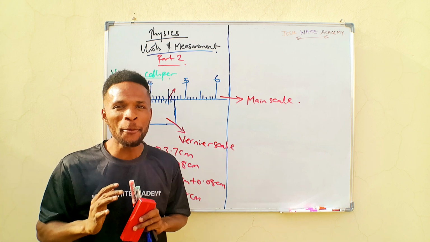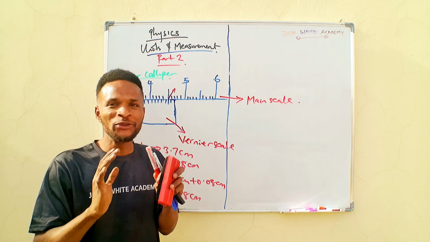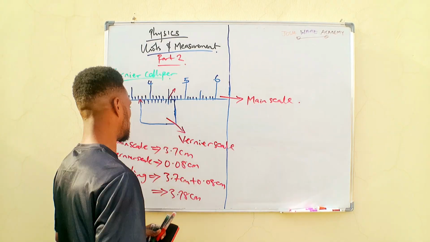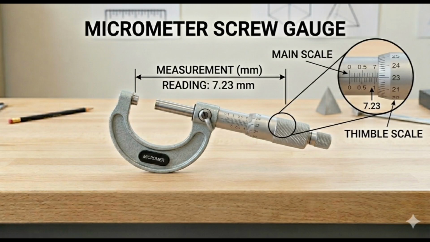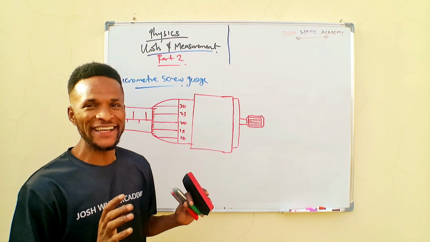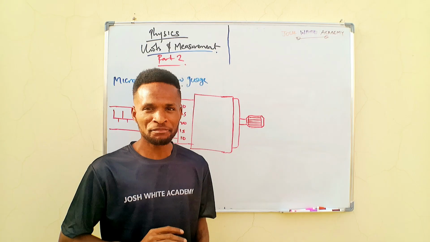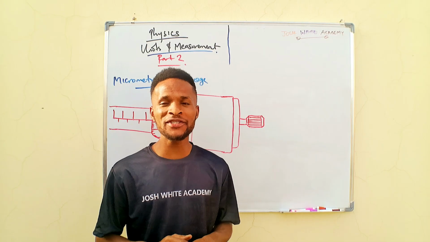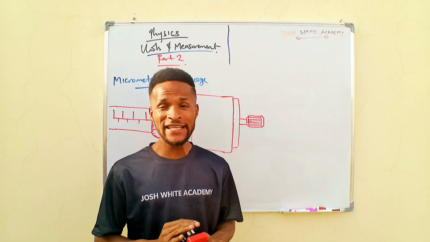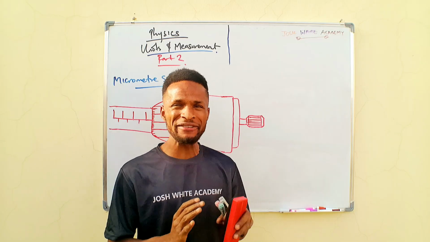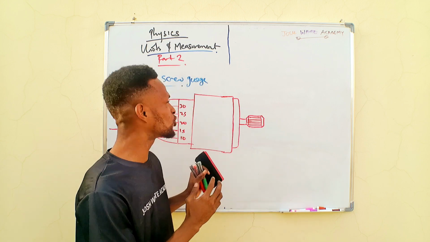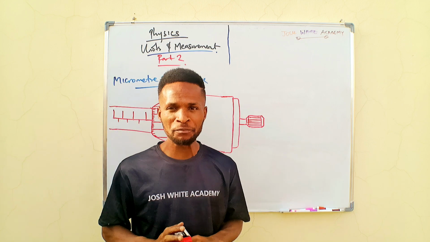Now, let me show you how to take readings on the micrometer screw gauge. As we rightly said before, whenever we desire to measure the thickness of a material where a certain level of accuracy is demanded, where the Vernier caliper can't afford, we opt for this instrument called the Micrometer Screw Gauge.